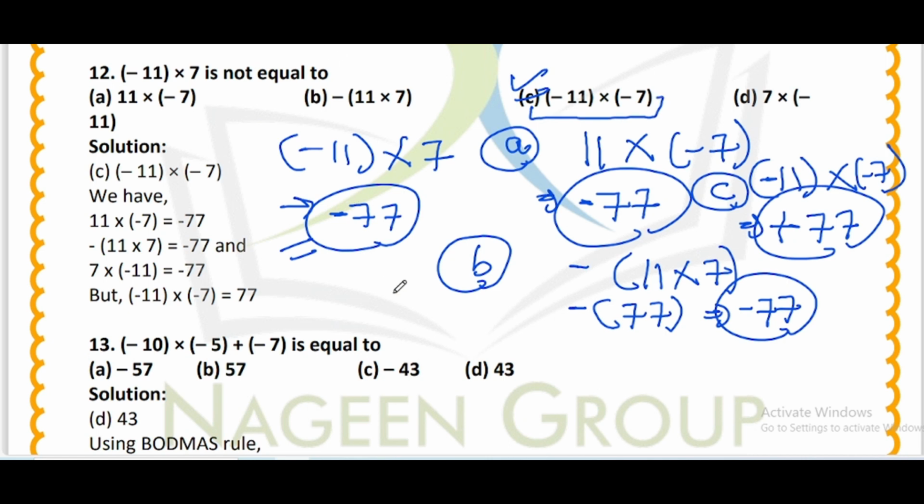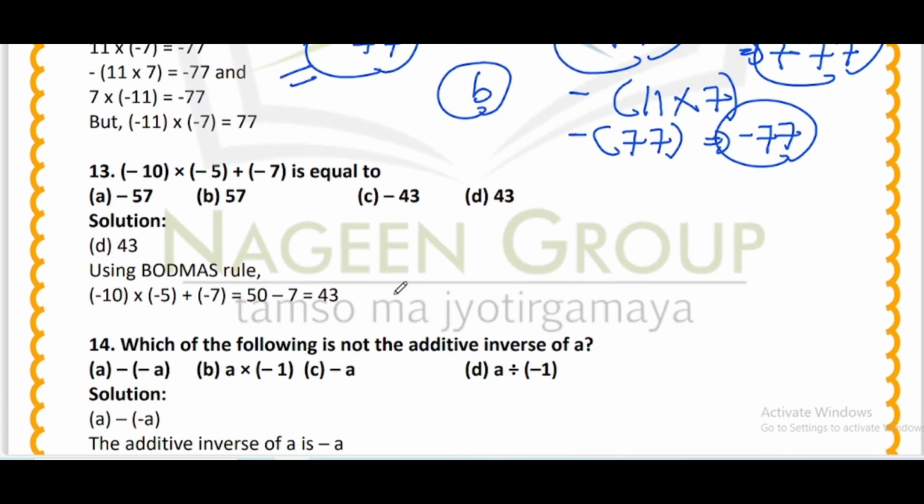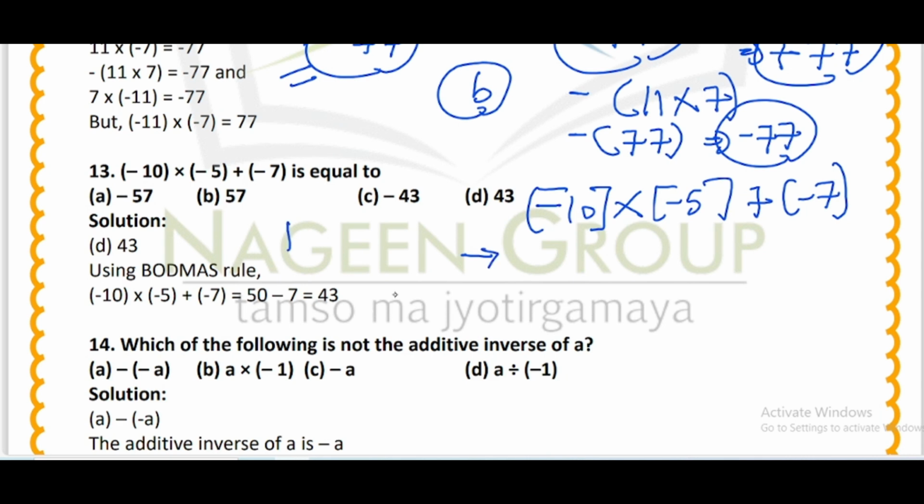Let's see question number 13. Minus 10 multiply with minus 5 add with minus 7. We solve this equation. First we solve the bracket, the division and multiplication. First we multiply the symbols of the given integers, that is minus into minus, that is plus.